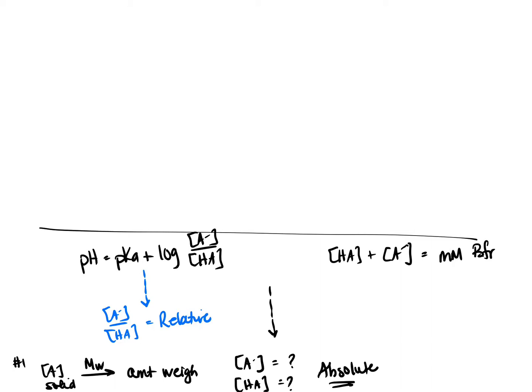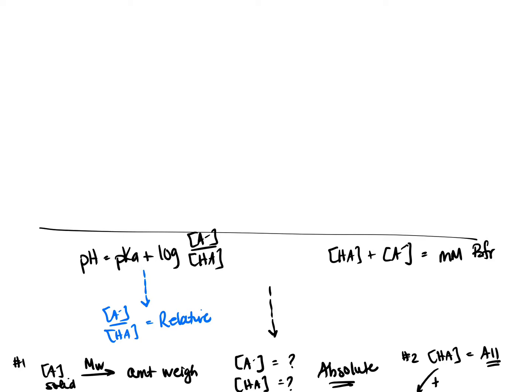But again, I hope to highlight for you when we go through both of these problems that they're set up at the outset the same, where we have to first use two equations to be able to solve for the absolute amounts of A minus and HA that we want. Just a little bit of a preview with the second problem. Basically, we're going to have the concentration of HA that's going to represent all of our buffer component.